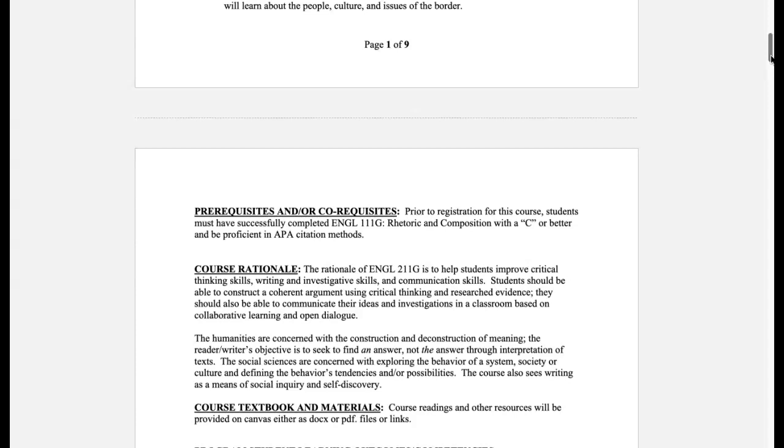Because you're expected to have learned it in English 111, the 200 level classes don't really go into depth into APA, but I do have an APA module that is pretty thorough because that's the same module that I use for my English 111 classes. So if that module is not enough and your APA is a little bit rusty and you need more help, then you can always ask me, or I can refer you to the tutoring center. That way you can make sure that your essays are formatted and your sources are documented according to APA style.